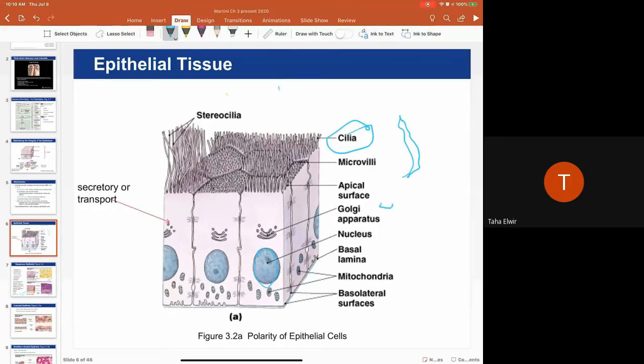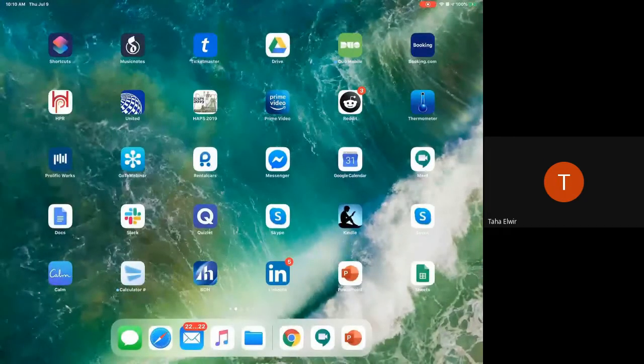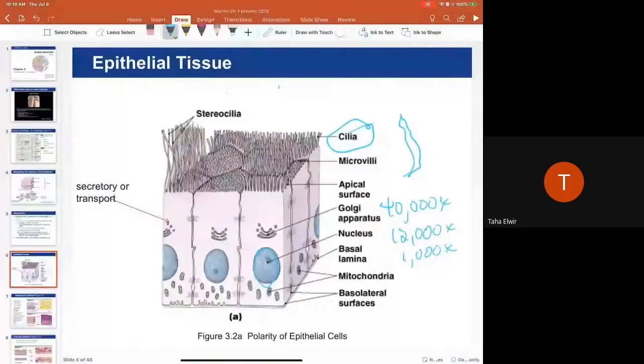So maybe 40,000 times instead of 100 times, or 12,000 times, or 1,000 times. So it's a higher resolution. And I'm just saying that because it's covered in your earlier chapters 1 and 2. I want you to be aware of that.